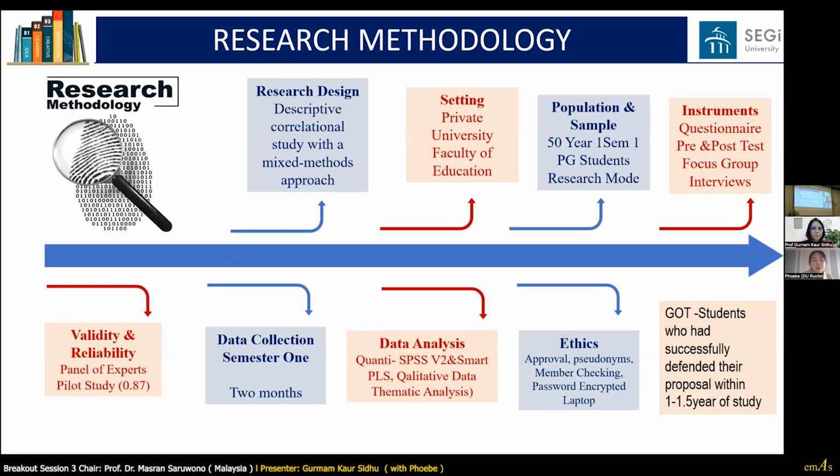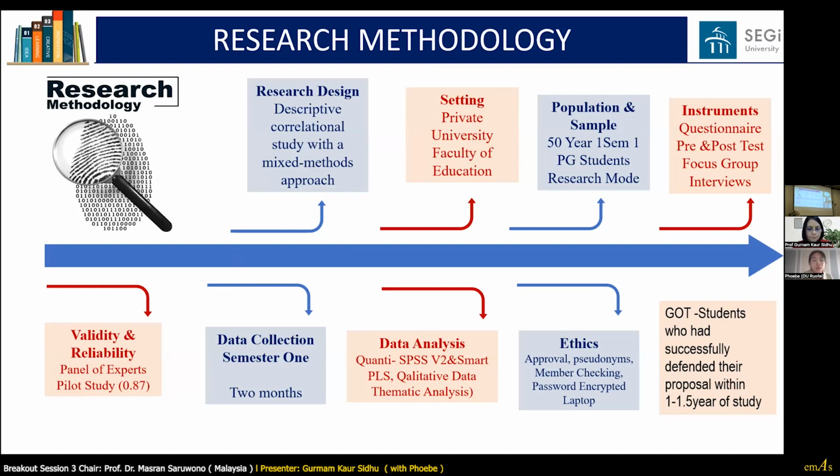Allow me to move on next to the research methodology. This study employed a descriptive correlational research design with a mixed methods approach, where data were collected via a 3-pronged approach involving 3 competency tests, a questionnaire, and 5 focus group interviews. It was set in a private university and involved a group of 50 postgraduate candidates.